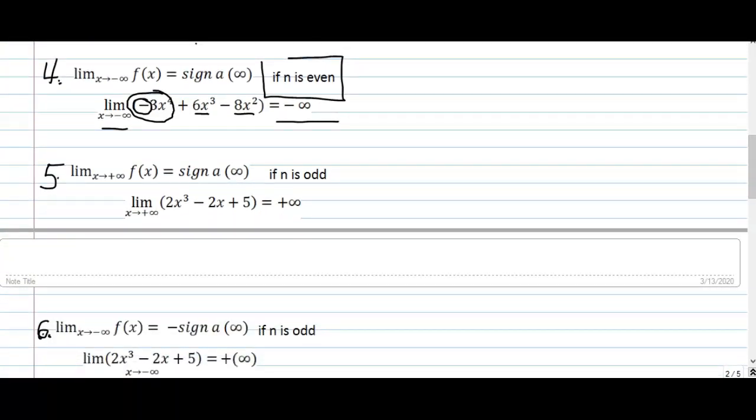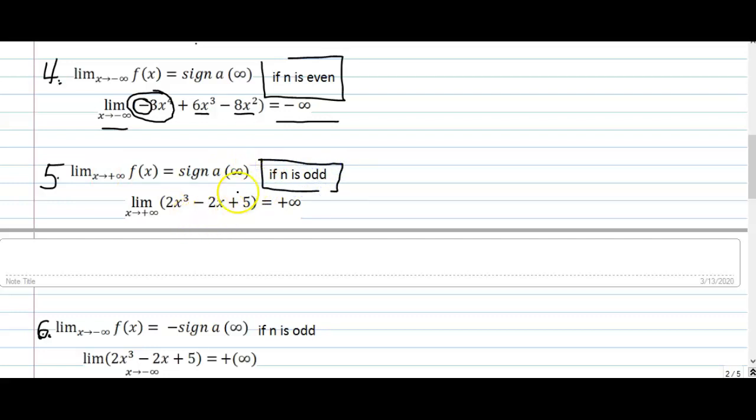And again, we have another rule, and here x is approaching positive infinity, and we're looking at the value of n being odd.